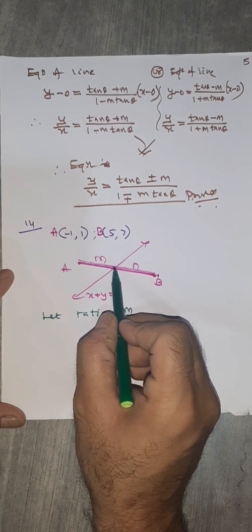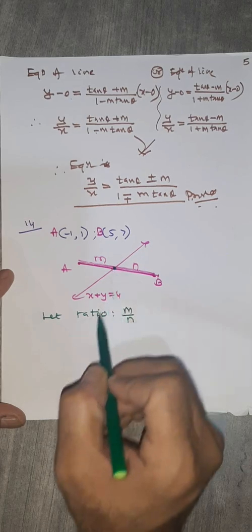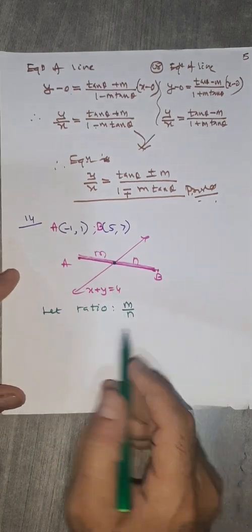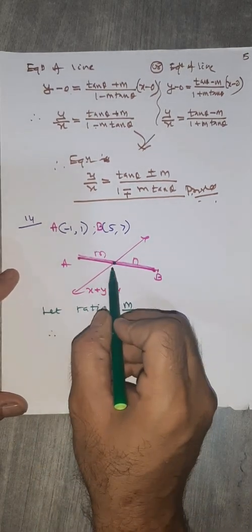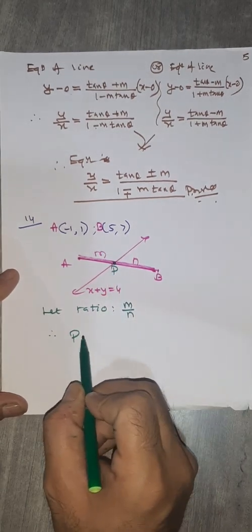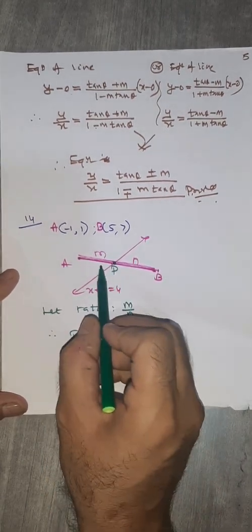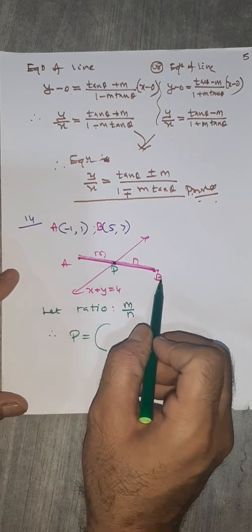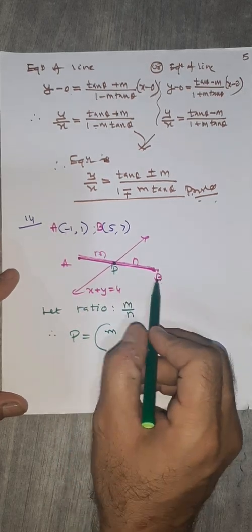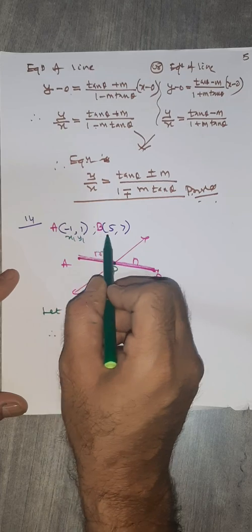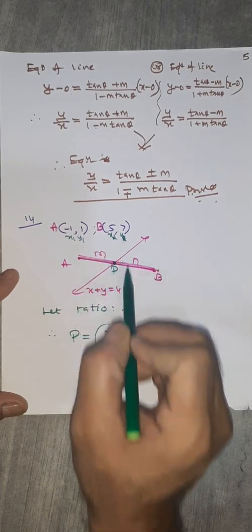So here, what we get first is the coordinates of this point using the division formula. Let me call that point P. So P equals, how do we get it? You know the formula, mx2 plus nx1 upon m plus n. This is like x1, y1 and this is like x2, y2.